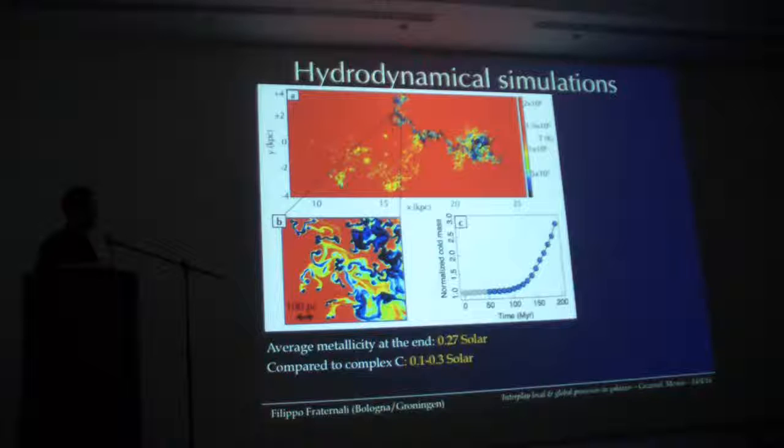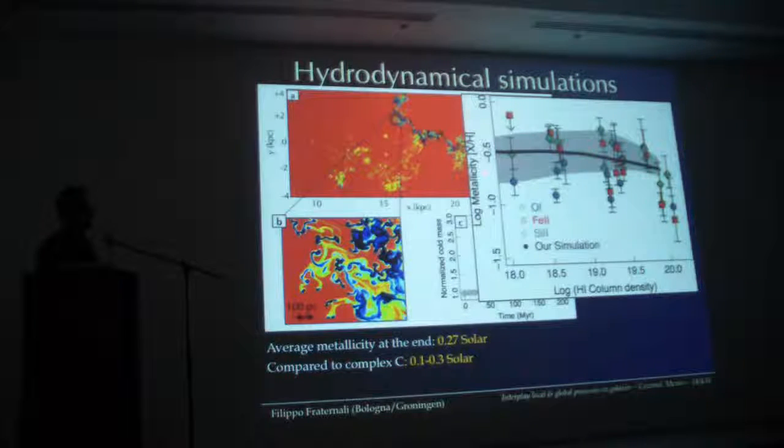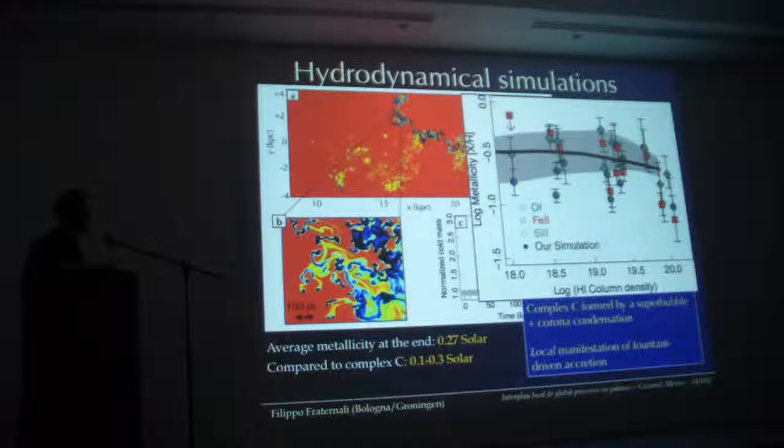These are determinations of the metallicity of the complex C as a function of column density, and our model goes through the points quite well. So the conclusion is that we can form the complex C by the explosion of a superbubble that produces the condensation of the corona. This is a local manifestation of the fountain-driven accretion that I described before.